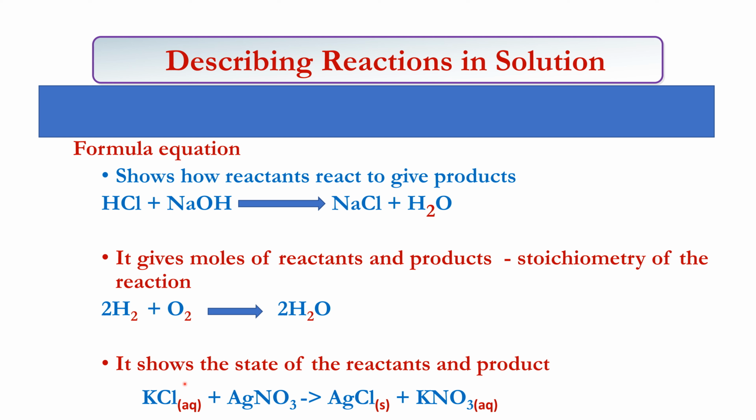For instance, here it shows us that this reactant KCl is aqueous, this product, silver chloride, is solid, and this product, potassium nitrate, is aqueous. So a formula equation shows us how reactants react to give products, the number of moles of reactants and products, and the state of the reactants and the products, as we have seen here.